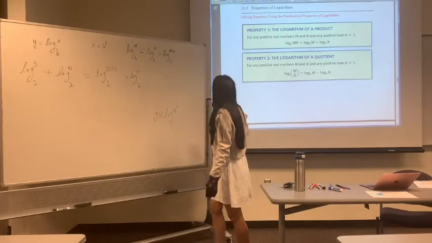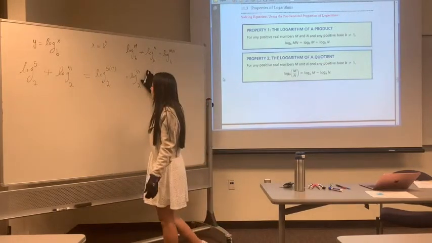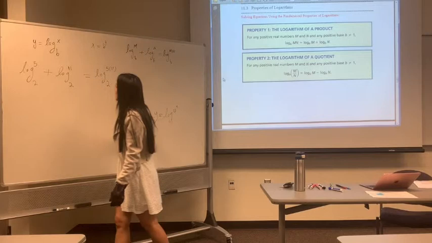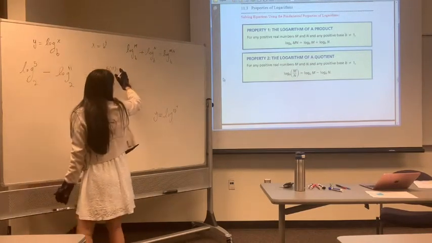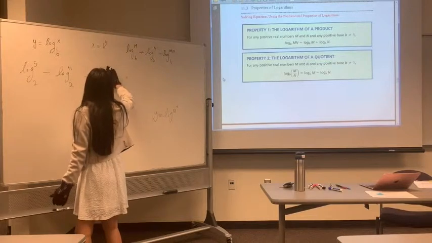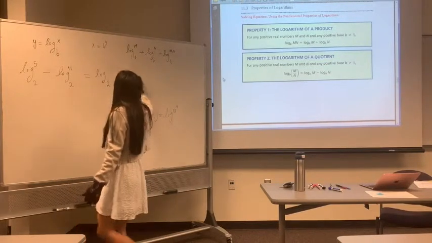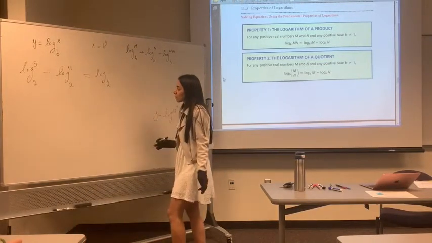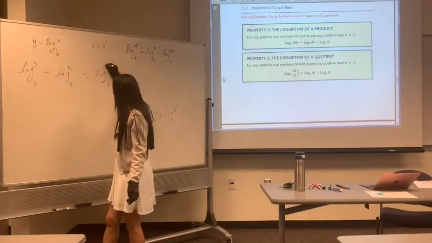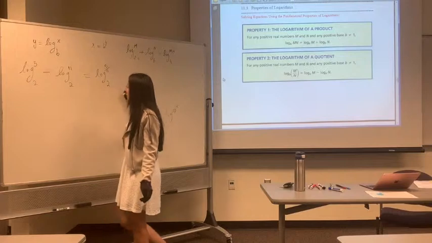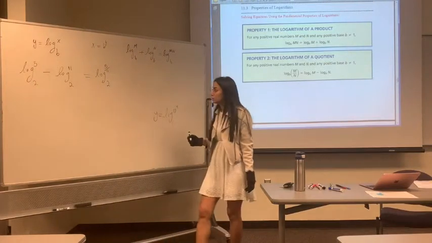Another property says, if we have a minus here, you will divide the first one by the second one. So you will have 5 over 11.